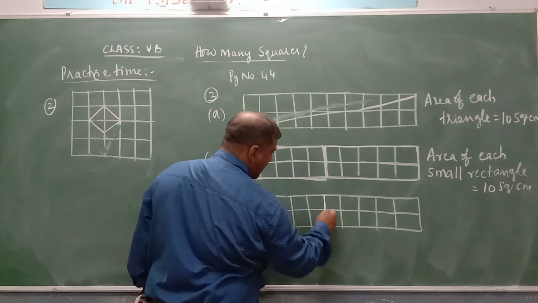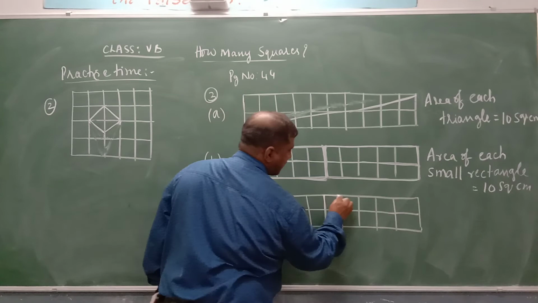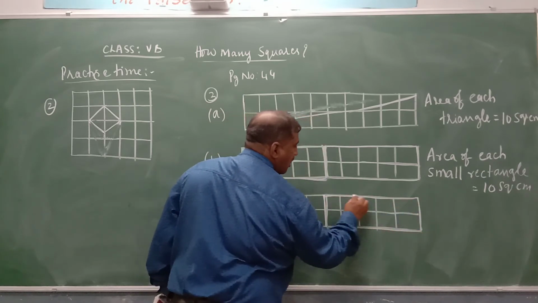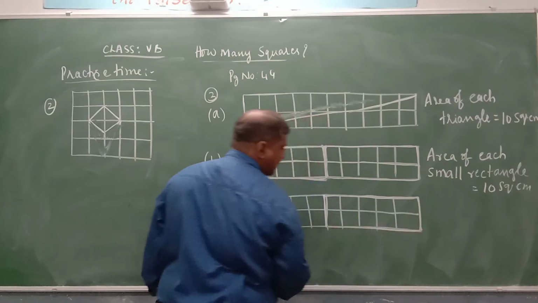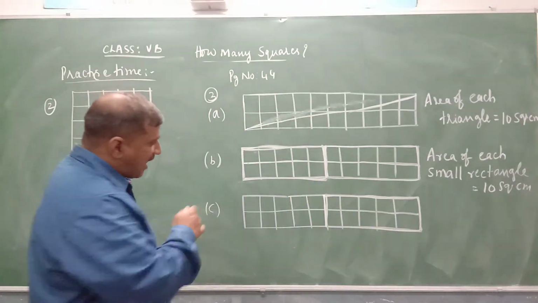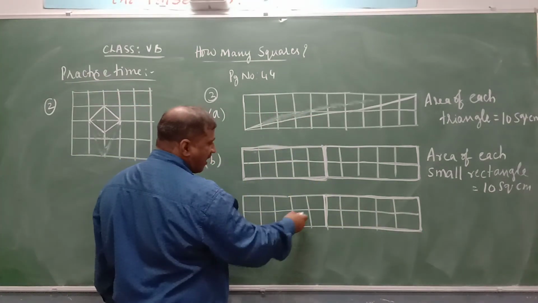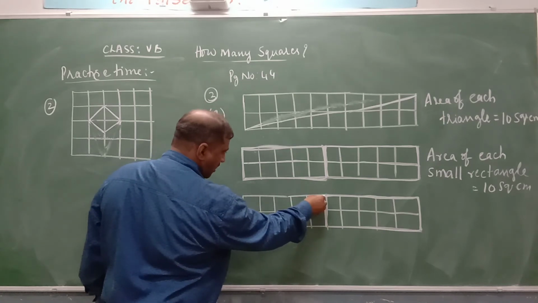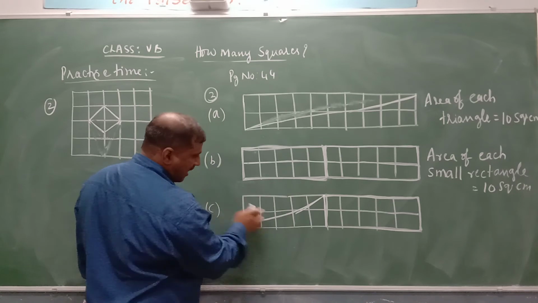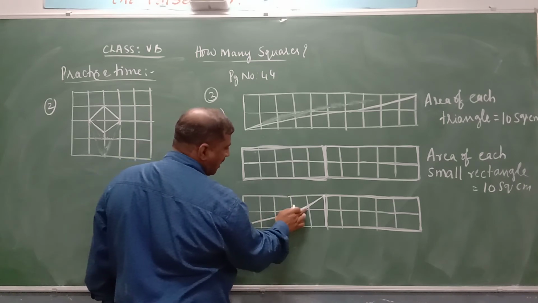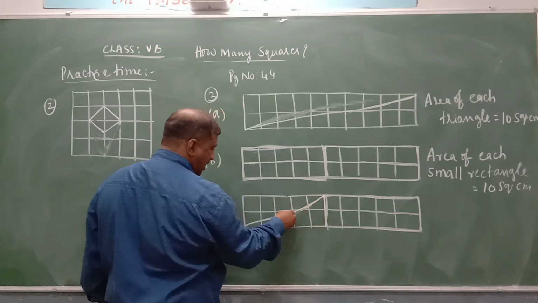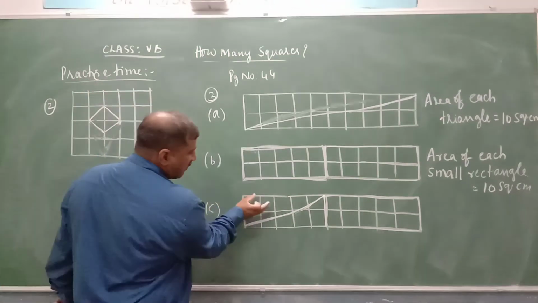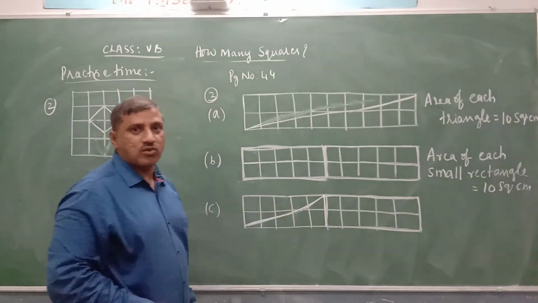So now this rectangle is divided, and this is one rectangle whose area is how much, children? Yes, it is 10 square centimeters. And the remaining part you divide into triangles by drawing a diagonal line. If you draw its diagonal, then we find two triangles, one triangle and the other triangle.